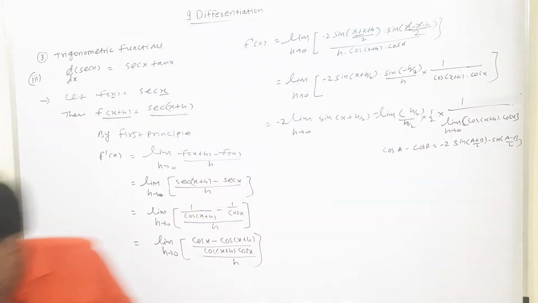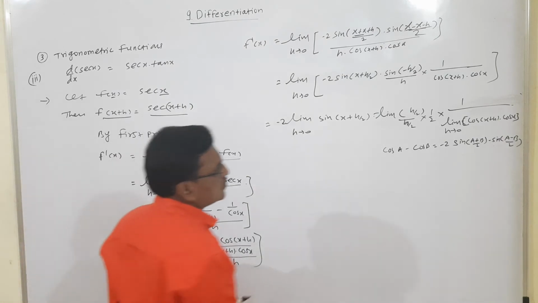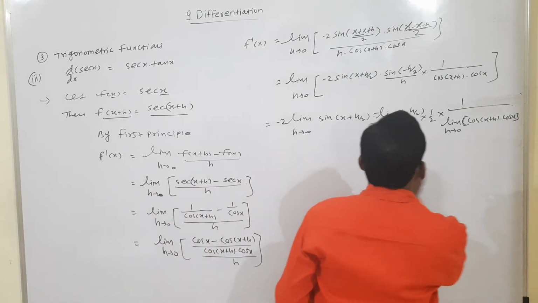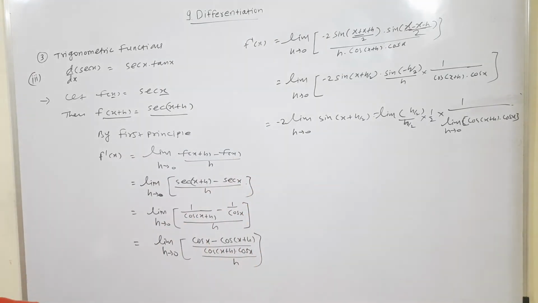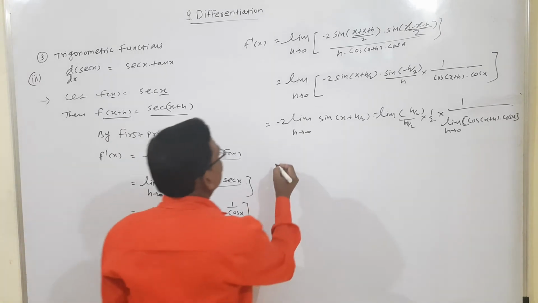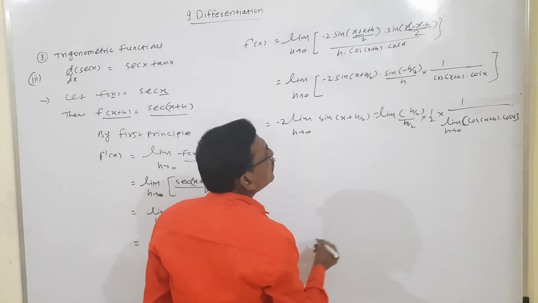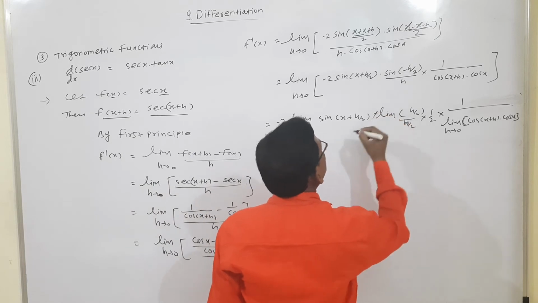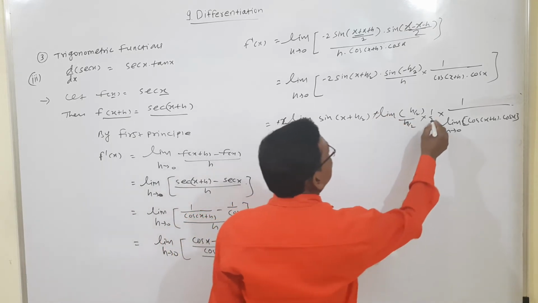Now we apply the limit to each and every term. Therefore this minus minus becomes plus, and the 2 will get cancelled.